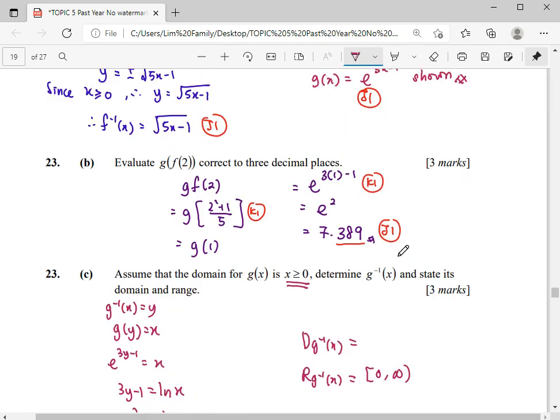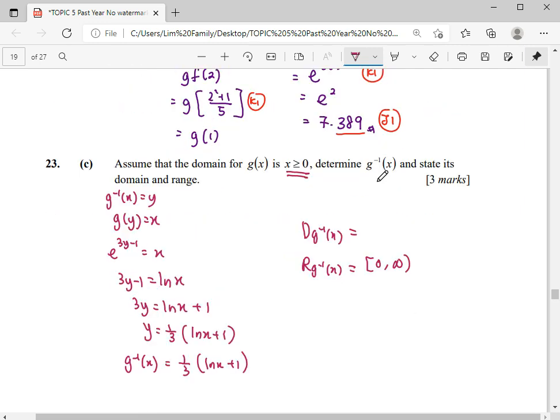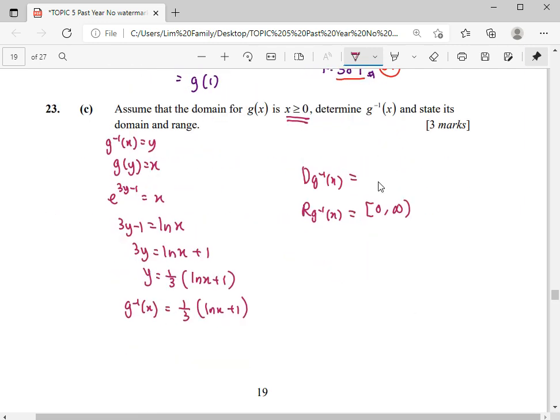Since our graph here is not a completely full graph, it has already become one part, so I will draw the graph in order for us to see the range. For the exponential part, e to the power of positive, its original graph will be like this. The asymptote is y equals to 0.